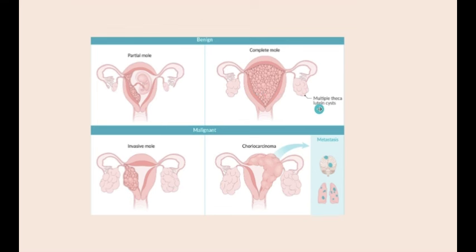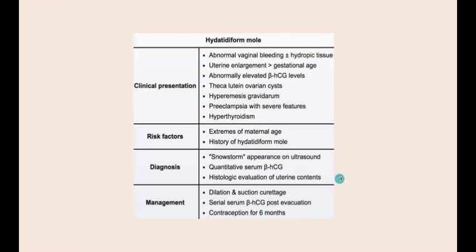One characteristic is multiple theca lutein cysts in the ovaries as well. So that might be a buzzword associated with a complete mole. An invasive mole spreads a little bit more, and a choriocarcinoma is a malignant type of gestational trophoblastic disease, which we'll talk about in a moment, that commonly metastasizes.